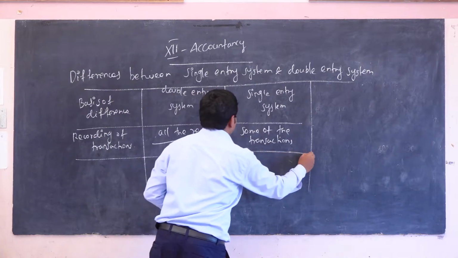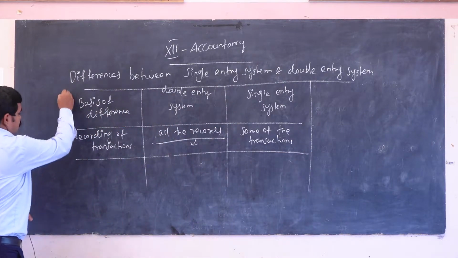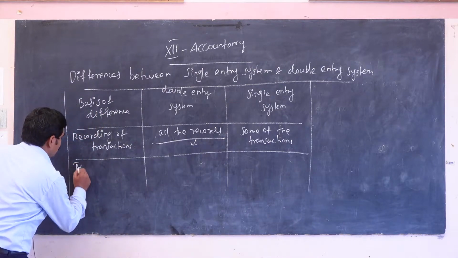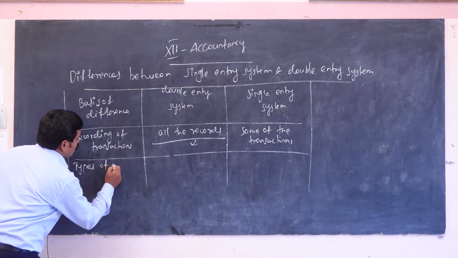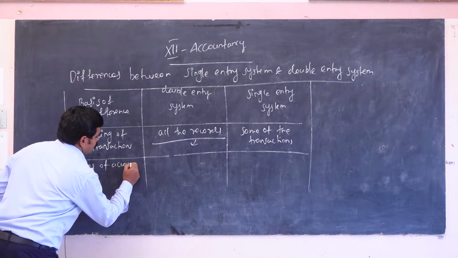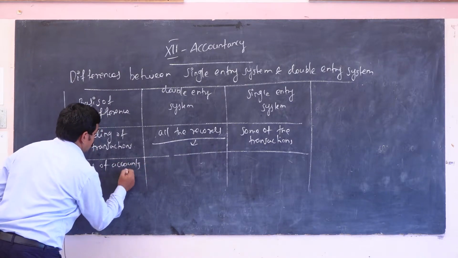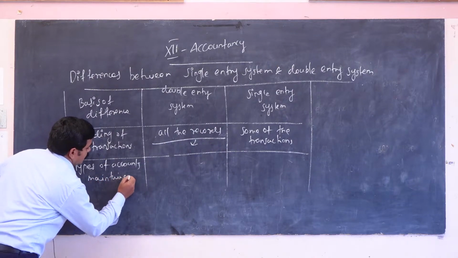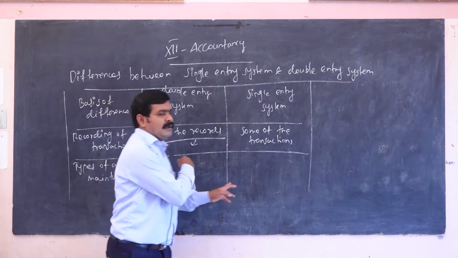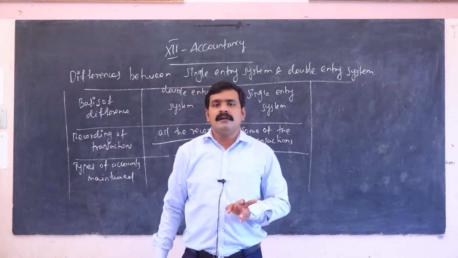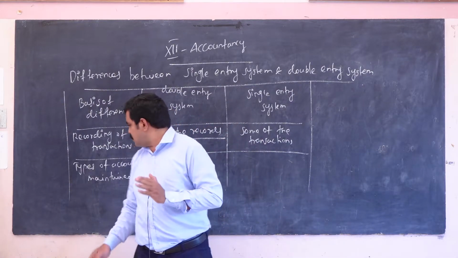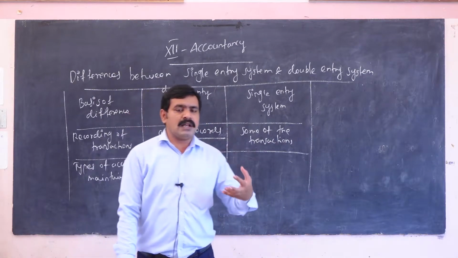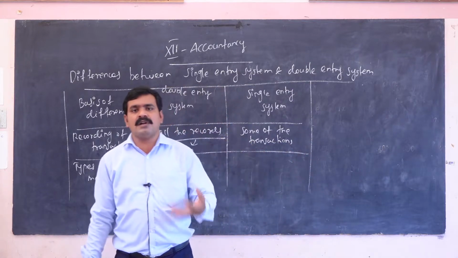Okay, so next one, types of accounts maintained. In double entry system, we have a lot of accounts: personal account, real account, nominal account.